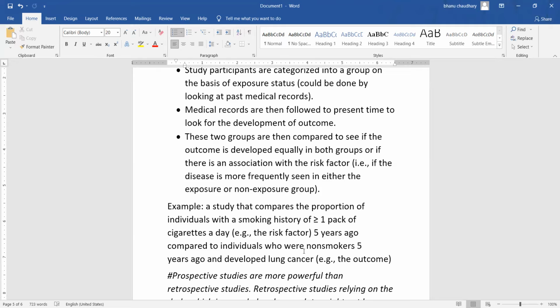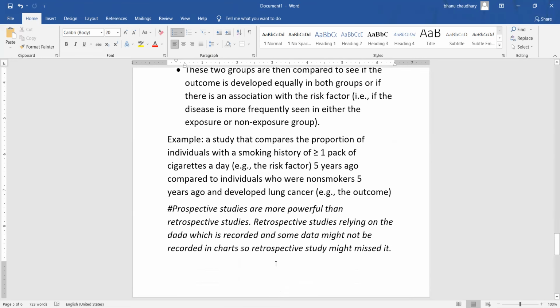You will go back in time 5 years, which means 2015, and check the smoking status. Then you will check 5 years later, which is the present time, whether they developed lung cancer or not.